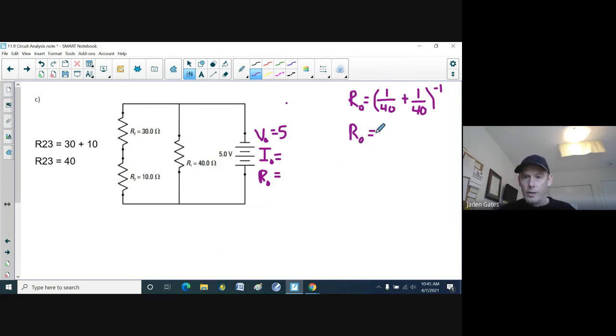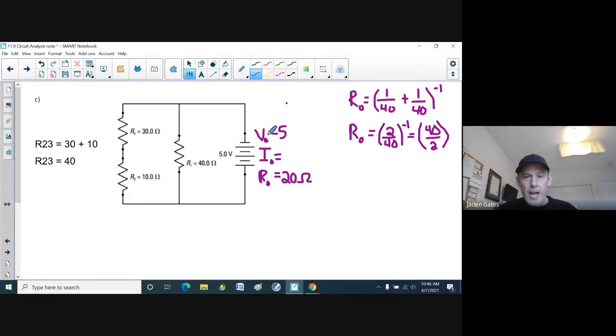RO. Here's a good example of figuring things out differently. 1 over 40 plus 1 over 40 is 2/40ths, to the -1. I could put that into my calculator, but I know to the -1 is really just flip it. 40 divided by 2. That means my RO in this case is just going to be 20 ohms.